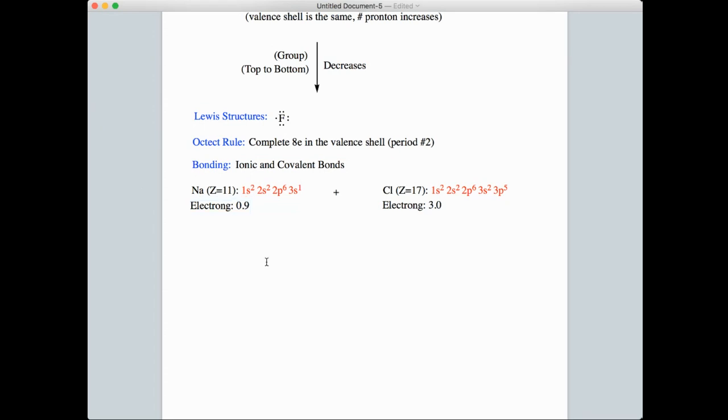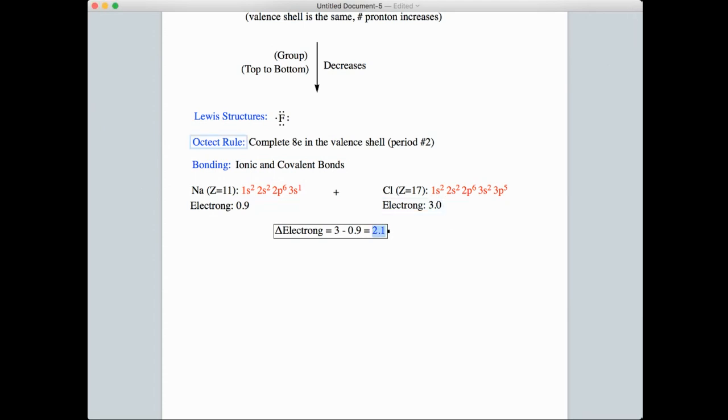The difference in electronegativity here is, and I'm going to write a symbol, here it is, the difference in electronegativity equals 3 minus 0.9, that equals 2.1, right?